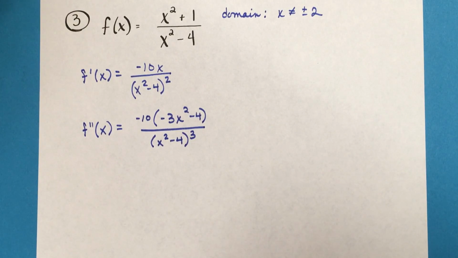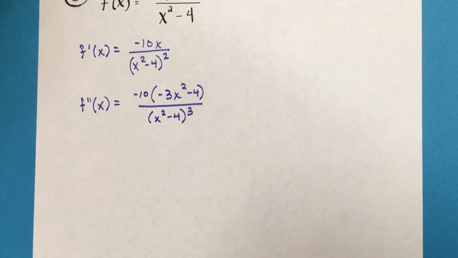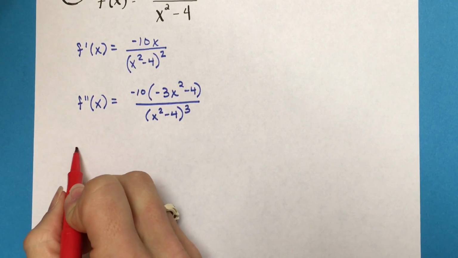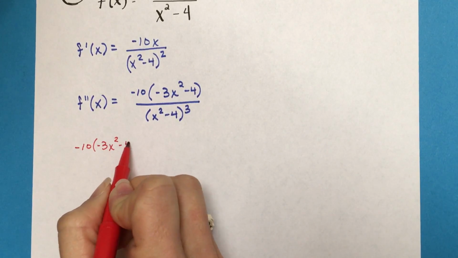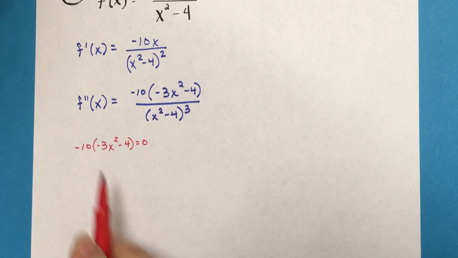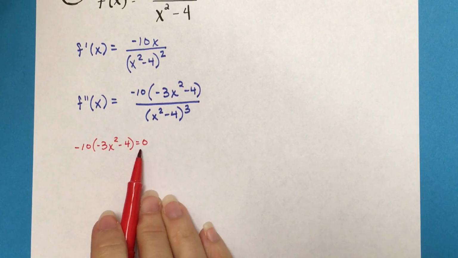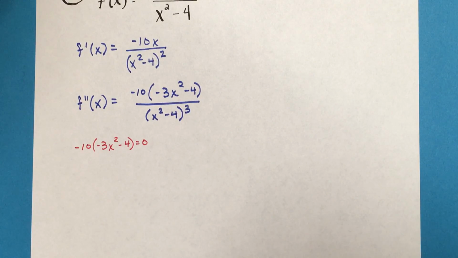Okay, now from your second derivative, we've got to find out what makes it equal 0 and what makes it undefined. Okay, so if I set my numerator equal to 0, and again, if I divide my negative 10, this is still just 0, so we can just ignore that.